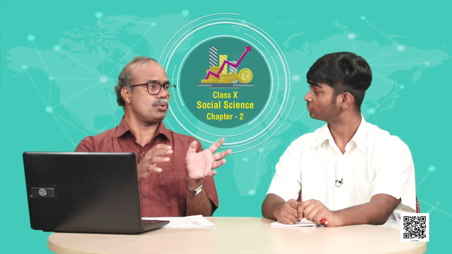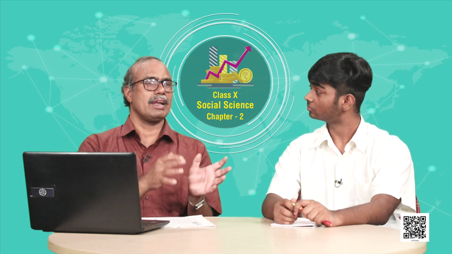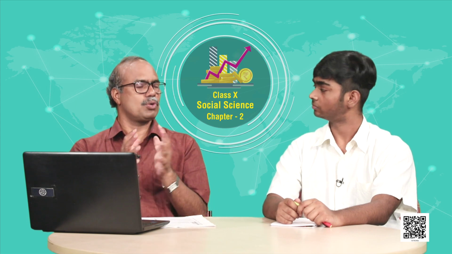For example, in India, from 71 to 44% has come down in the 40 years. So it is a good symptom that the people depending on agriculture have come down. Similarly, the output earlier was 40% of the total production. Now it is 14%. So the decline in the output and the decline in the employment in agriculture is good. People move from agriculture to other activities. That is good for the economy.